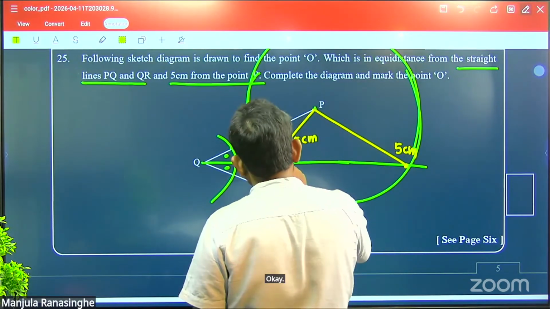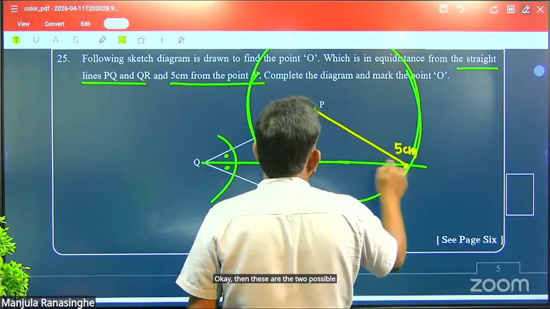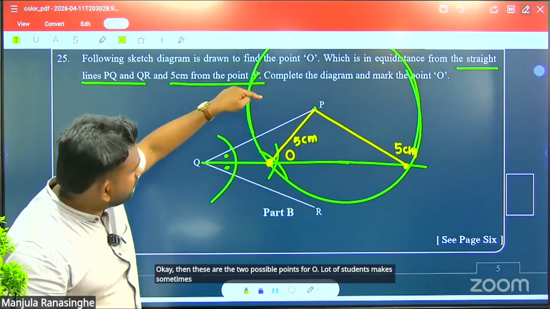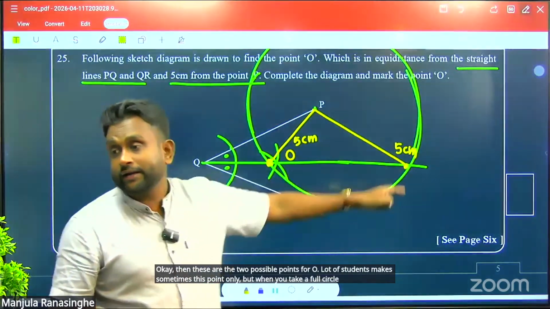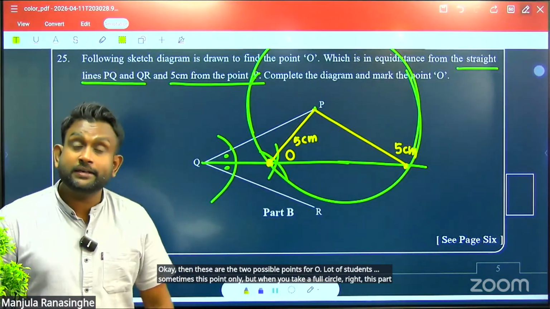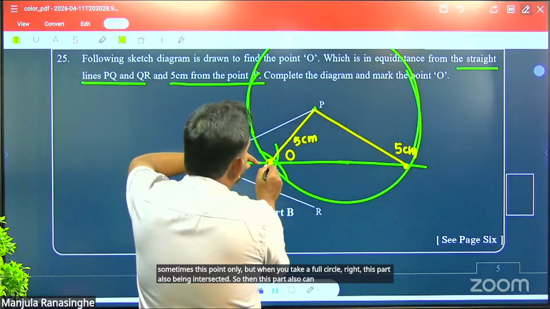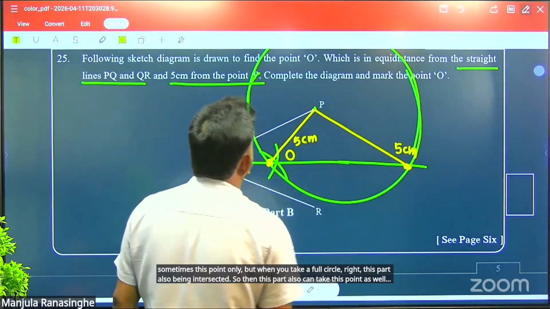Okay, then these are the two possible points for O. A lot of students sometimes mark this point only, but when you take a full circle, this part also is intersected. So this part also can take this point as well as this point also possible.